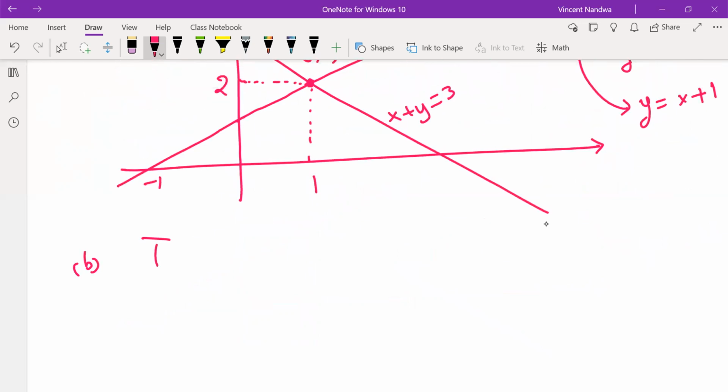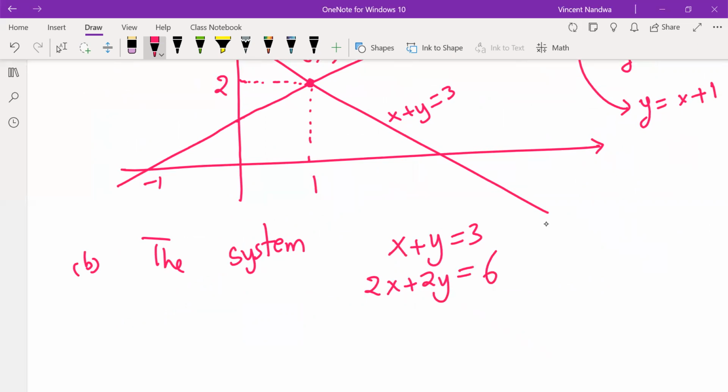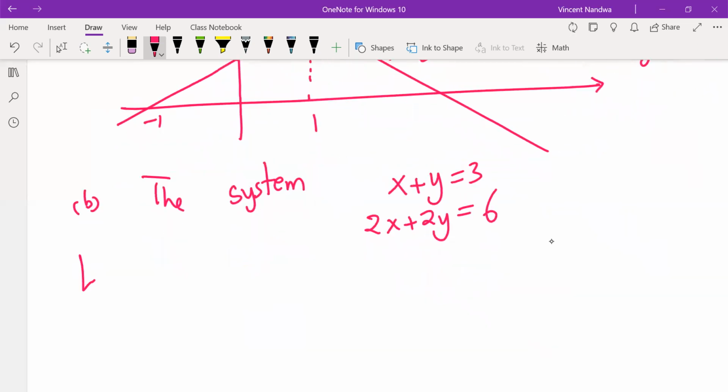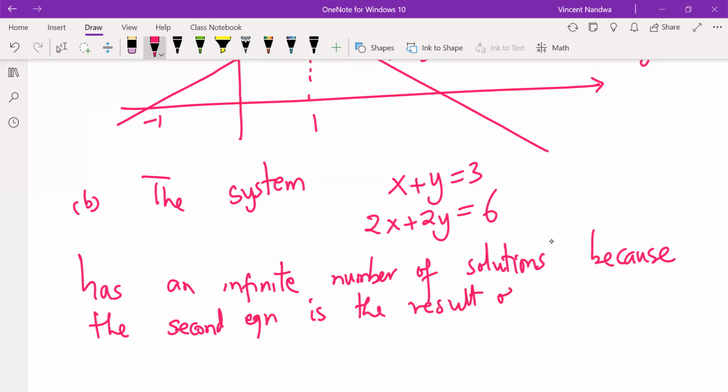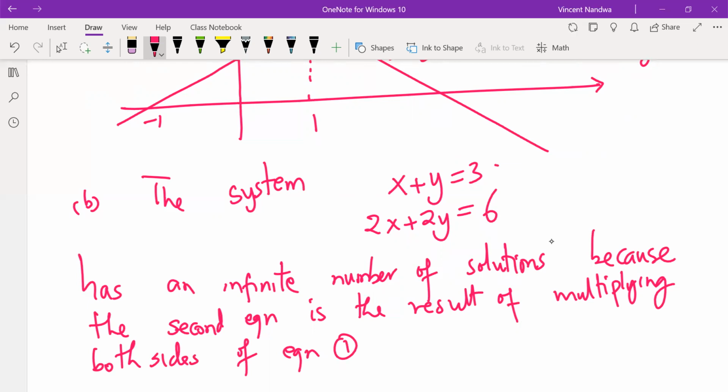Now, the system x plus y equals 3 and 2x plus 2y equals 6 has an infinite number of solutions, because the second equation is a result of multiplying both sides of equation 1 by 2.